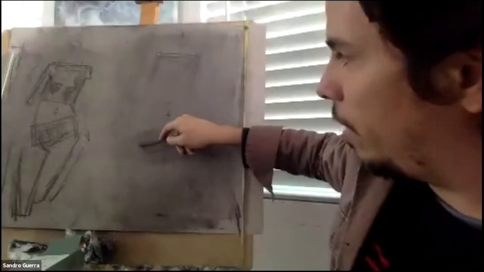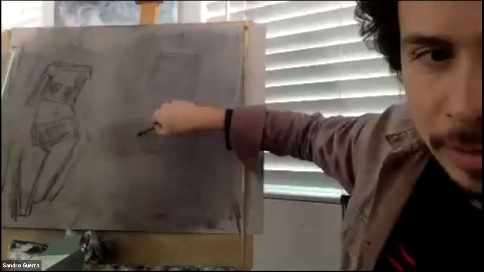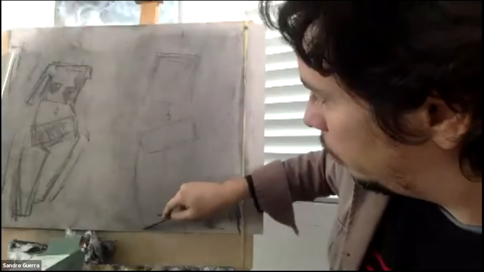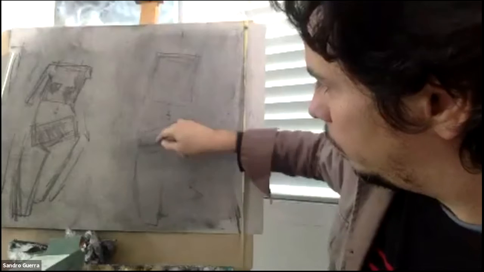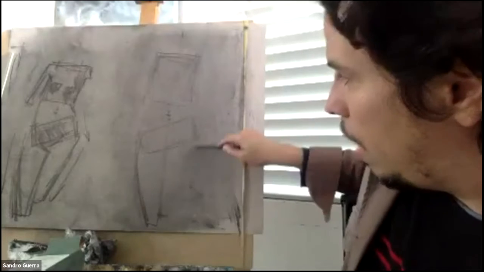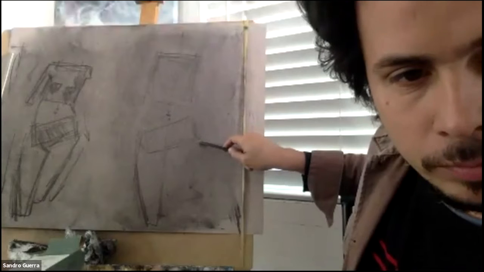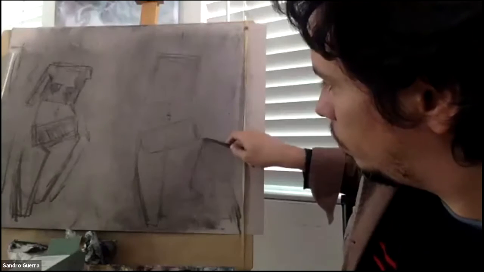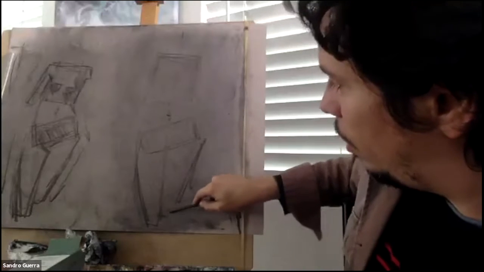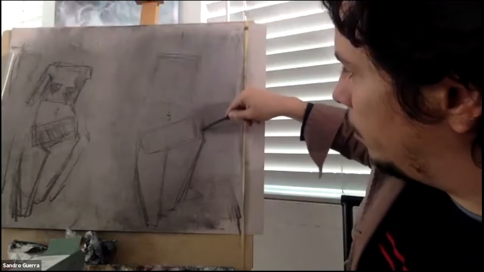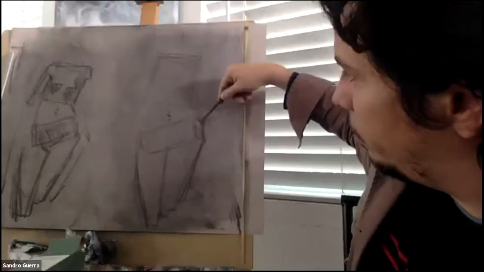And then we have a leg coming from this part of the rectangle, coming inward a little bit. And then we have a leg coming from here. Inward again. All right. This comes kind of straight because there's a fat here.